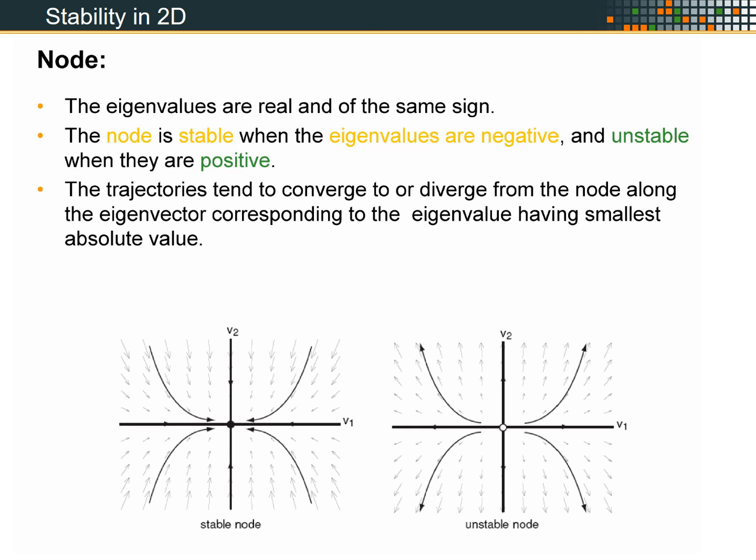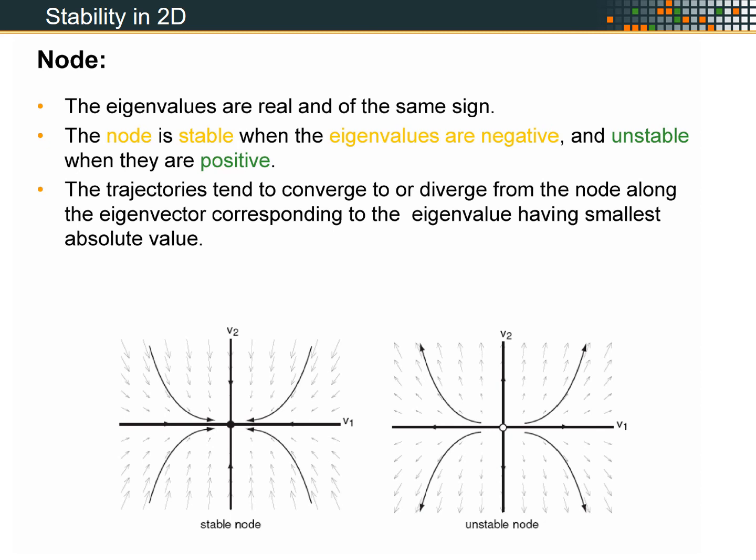So, for example, we have a node. We first determine the fixed point condition, which means both derivatives are 0. Then we compute the eigenvalues based on the local stability analysis. And we find that both eigenvalues are negative, smaller than 0. Then the node is stable.